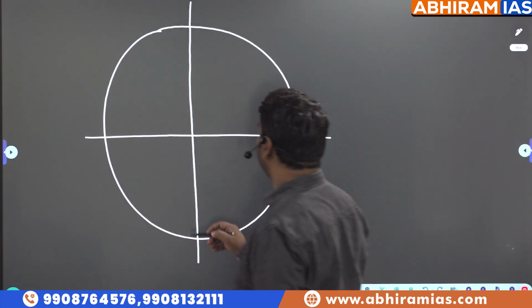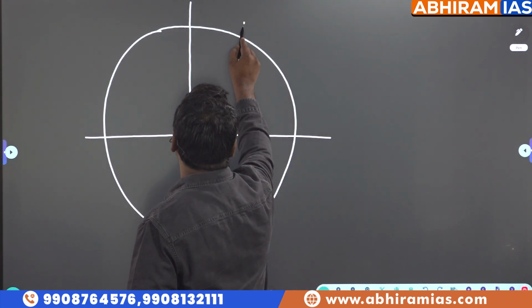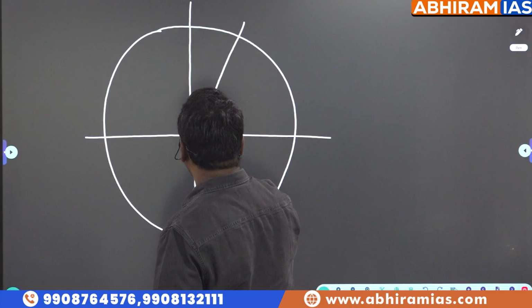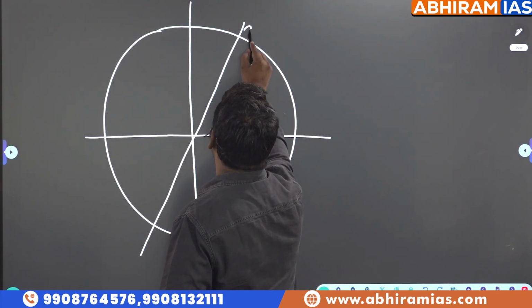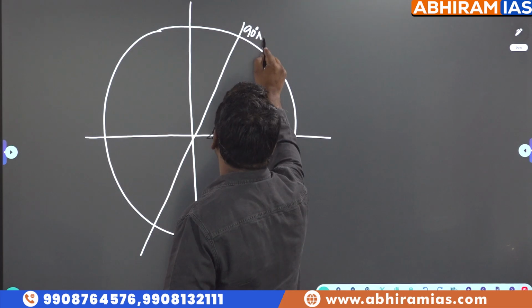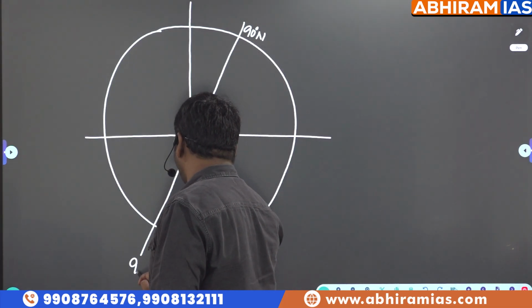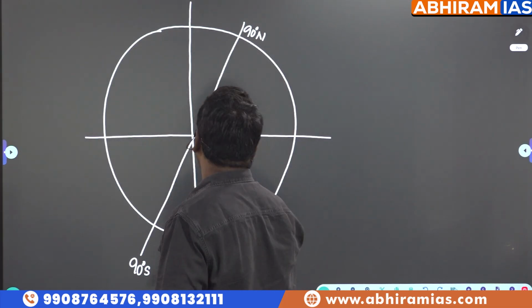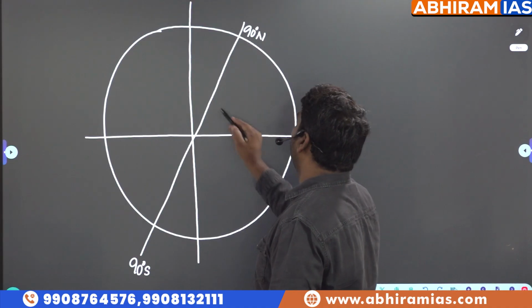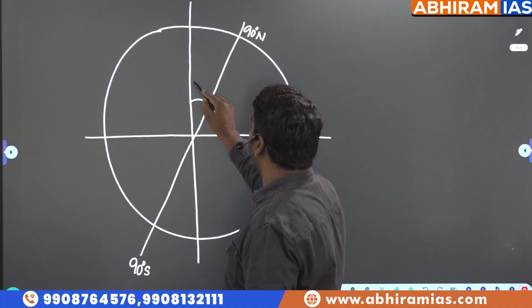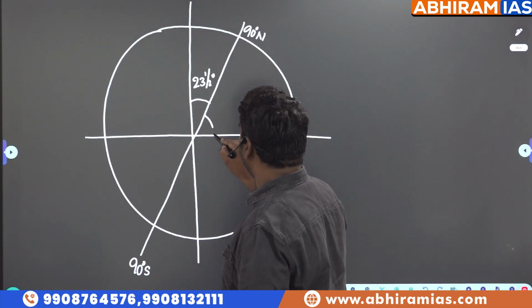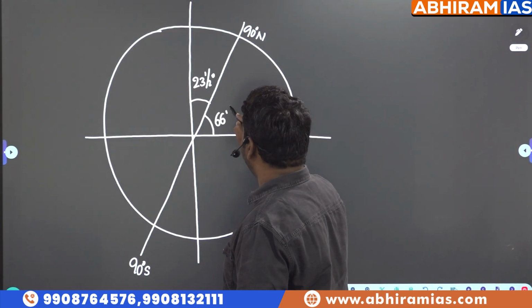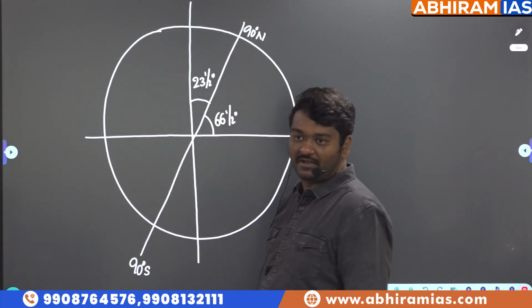So what is the tilt of the Earth? This is 90 degree north, 90 degree south, right? So what will be this? 23.5 degree. This is 66.5 degree.